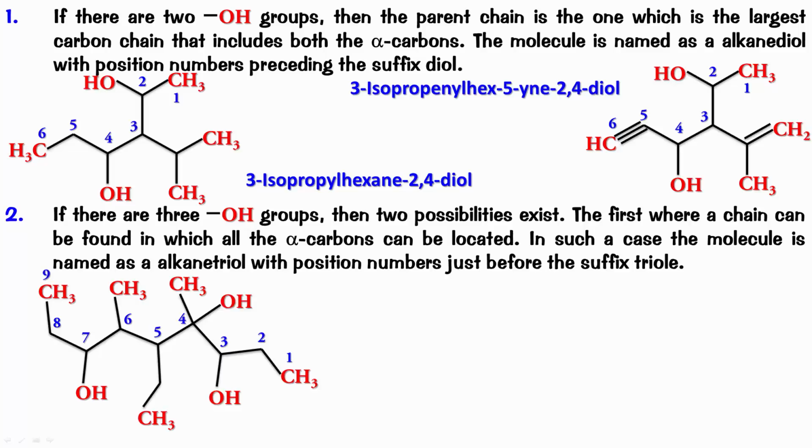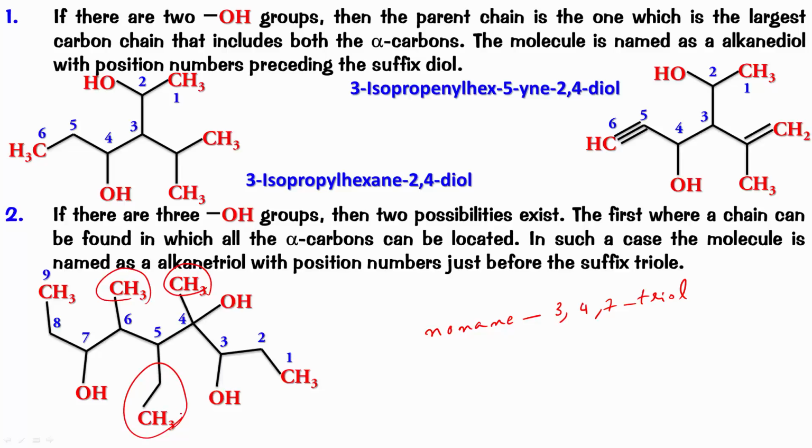So what is the parent? The parent is nonane. 3, 4, 7, triol. And now put all the prefixes. And in the case of prefixes, I guess you have methyl here, and ethyl here.